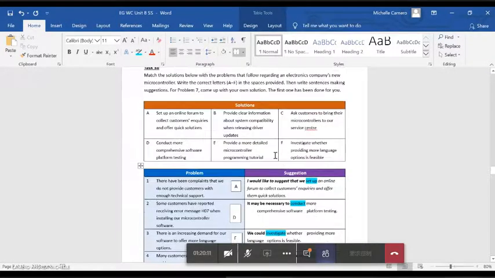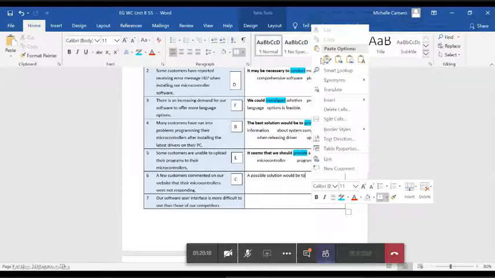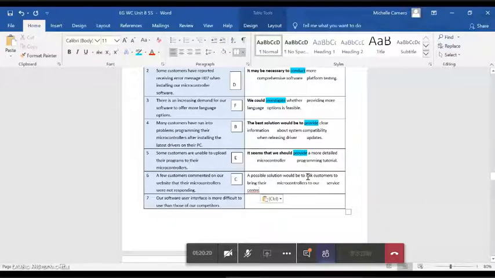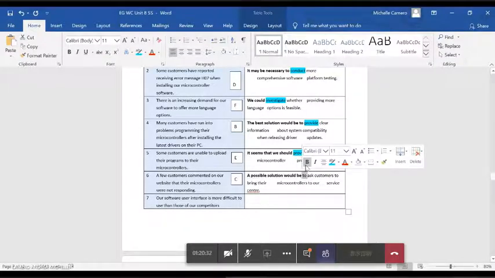All right, so C. "A possible solution would be to" is the phrase, with "to." And then the verb that we need is "ask."